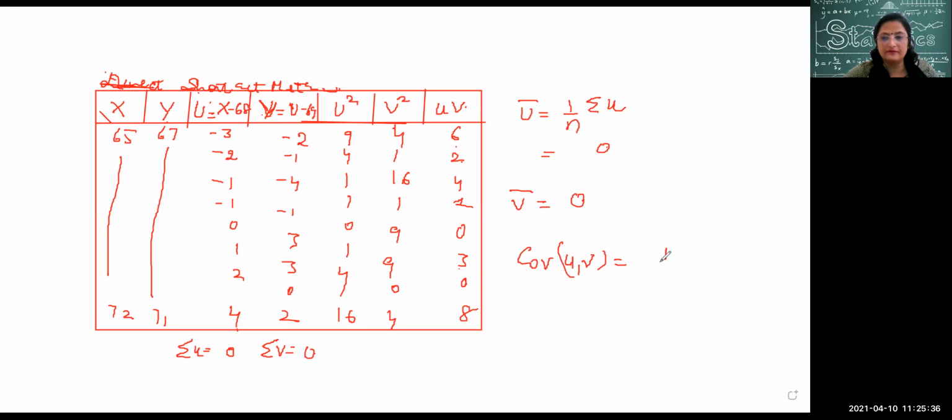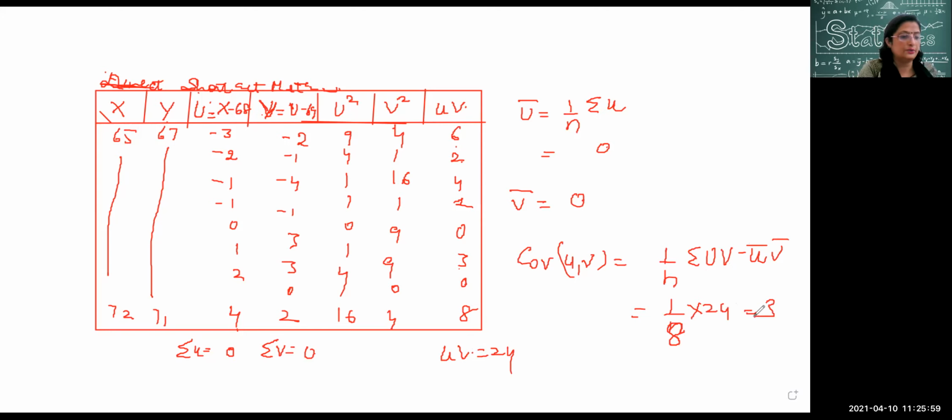You are only left with 1 by n summation of uv, and u bar v bar is 0 for you. So 1 by n, n is 8, and summation of uv. So what is summation of u into v? That comes out to be 24. So this is 24 divided by 8.